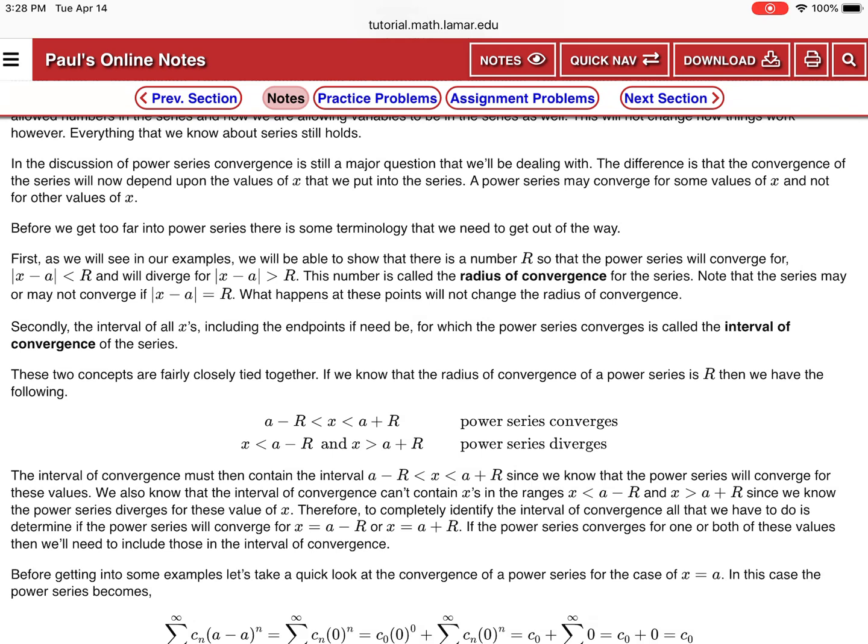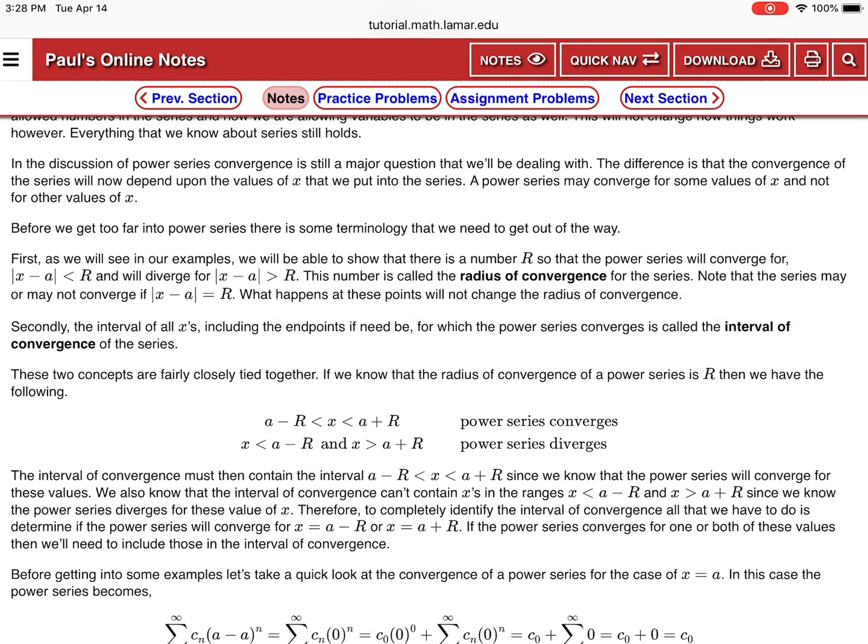The number R, capital R, is called the radius of convergence, and it's pretty easy to find. You must have your absolute value in the form x minus a. If you have a constant or coefficient in front of your x, like say 4, then you may have to divide or factor out the 4, but you need it in the form absolute value of x minus a.